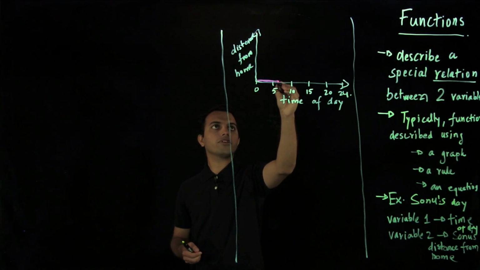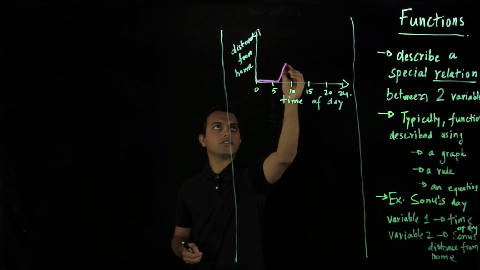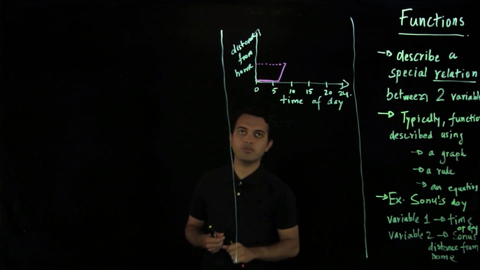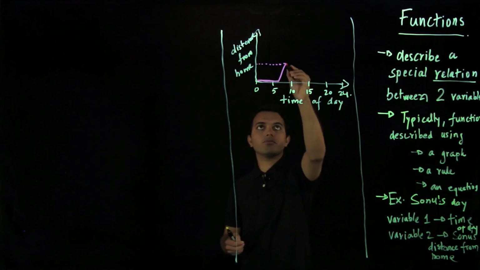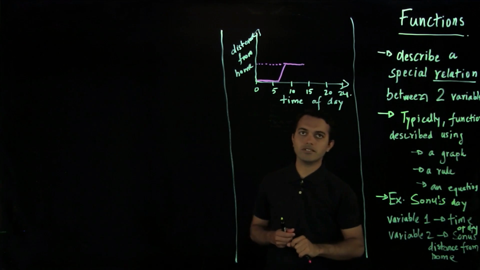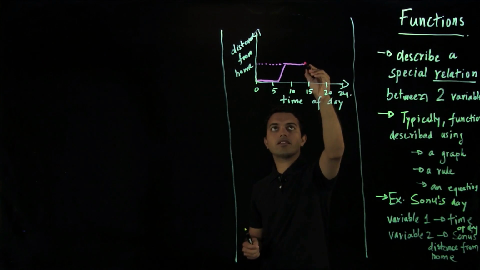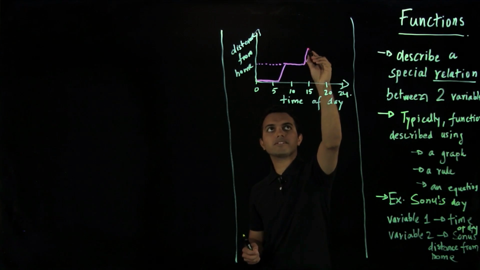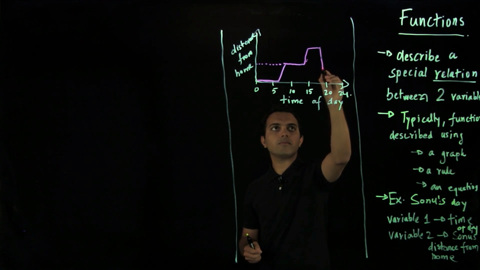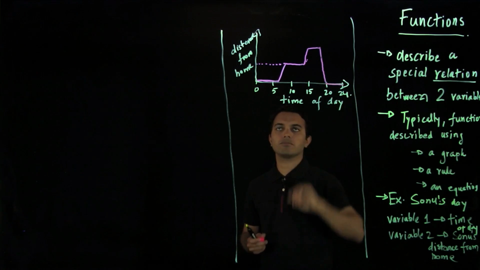Then he went to school. So the distance was some distance, how far the school was. And then he was at school till roughly 2 p.m., which is 14 hours. Then let's say he goes to a friend's place, spends some time there, and then comes back home, and then spends the rest of the time at home.